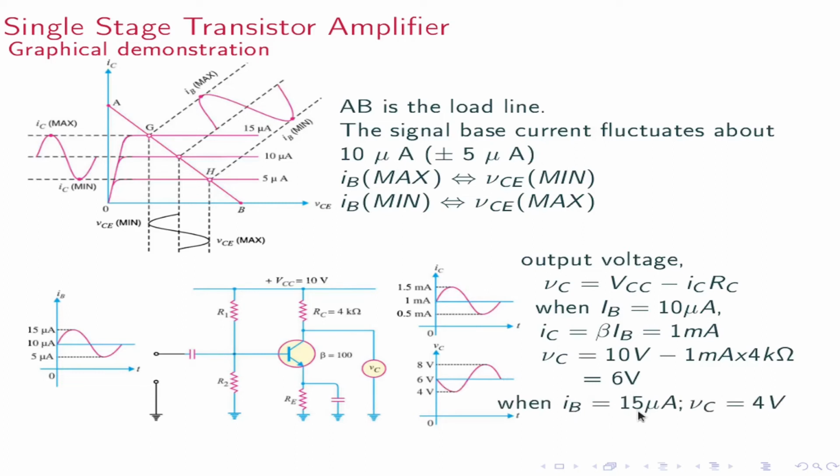Similarly, when IB is equal to 15 microampere, VC is equal to 4 volt, which is the minimum. When IB is equal to 5 microampere, VC is equal to 8 volt, the maximum. So mathematically also it is very clear that there is a phase difference between input voltage and output voltage.